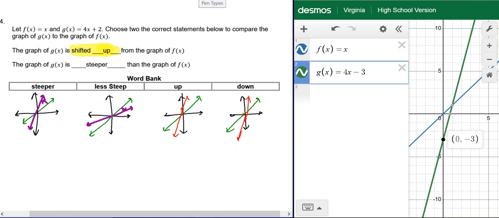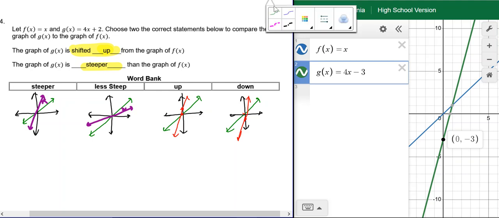And then we saw that it is steeper because it went closer to the y-axis. Okay. There is another thing that I wanted to kind of tell you about steeper and less steep. For steeper and less steep, we always use the value of the slope.